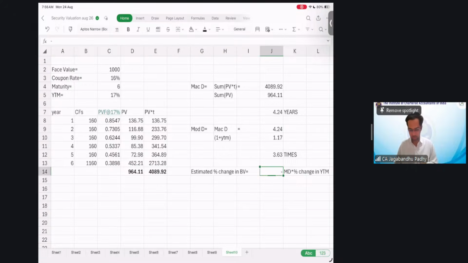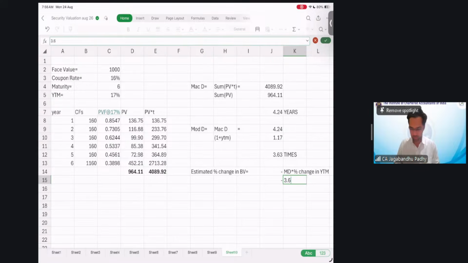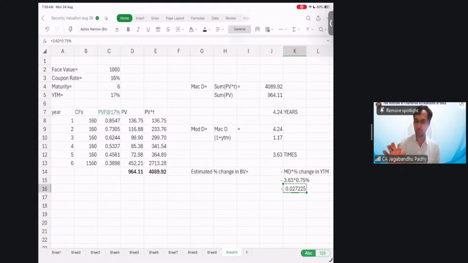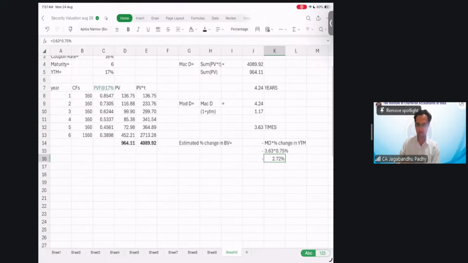So this is essentially going to be minus modified duration, which is 3.63, into 0.75%. 3.63 into 0.75. That's minus 2.72. Minus 2.7. That's the percentage change in the bond value.